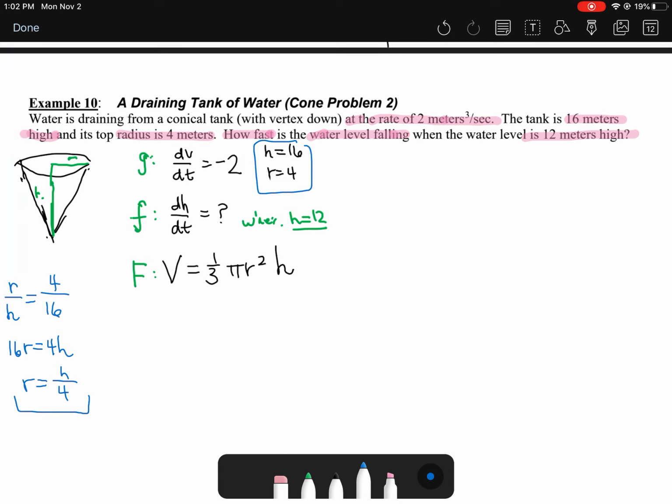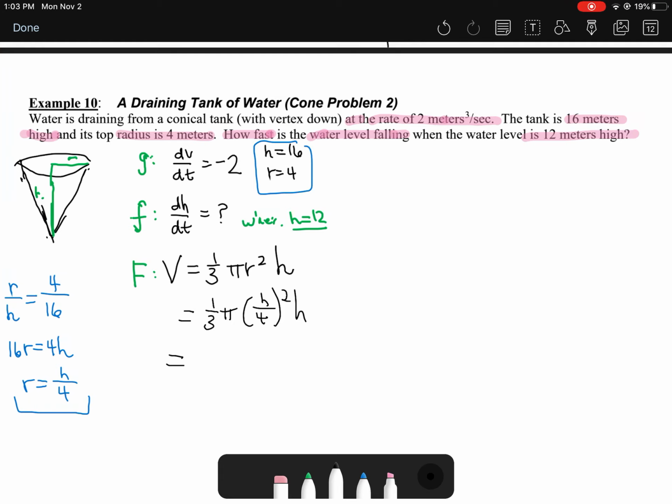Again, it just comes from practice and knowing, okay, if I take this derivative, I'm going to have 3 different rates. Do I have all my rates? Well, I did not. So in that case, and since nothing's constant, I knew I needed to write a variable in terms of the other. So let's go ahead and plug this in now. I have 1/3 pi (h over 4) squared times h.